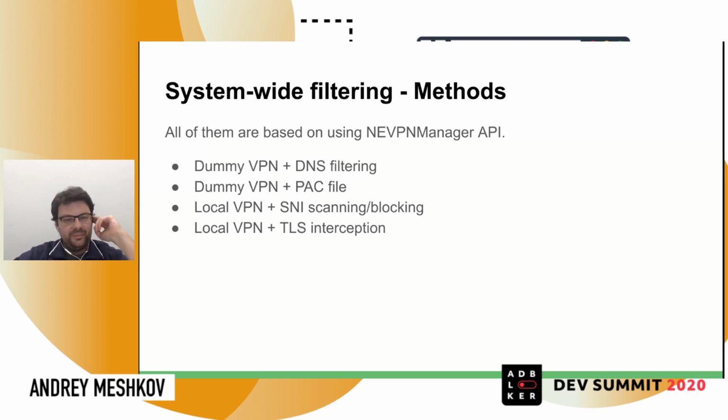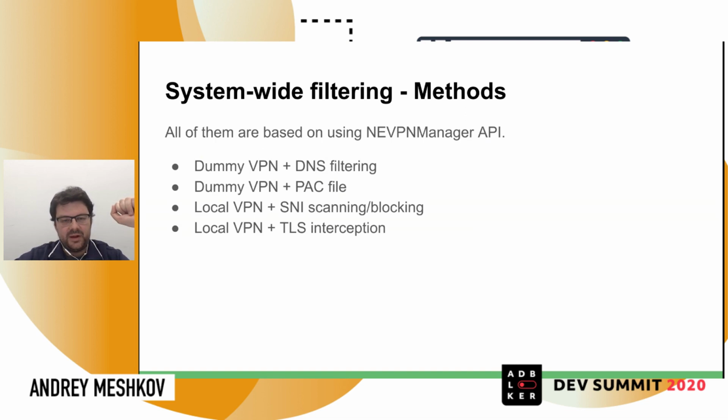I'm using two newly invented terms here, so-called dummy VPN and local VPN. The difference between dummy VPN and local VPN is that the former does not actually work with the device's traffic, or does it, but in a very limited way.